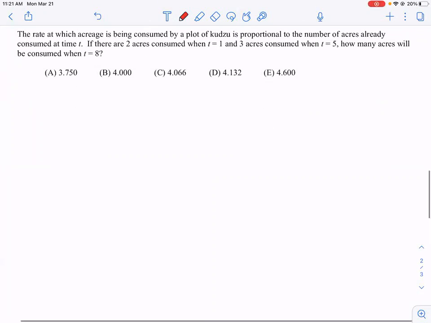I am so excited for example 3. It's a crop. What?